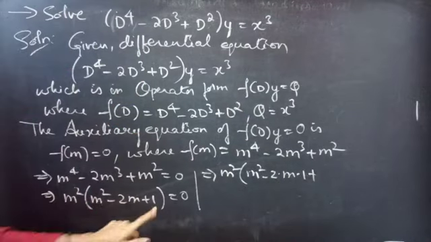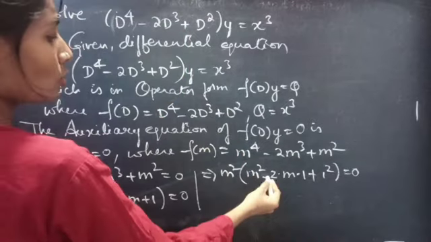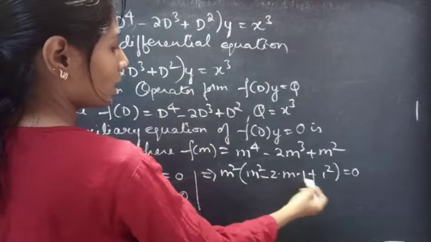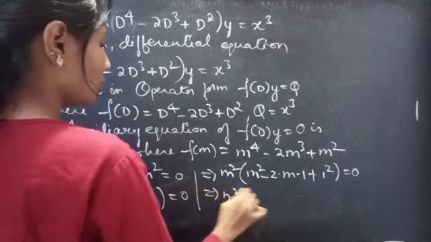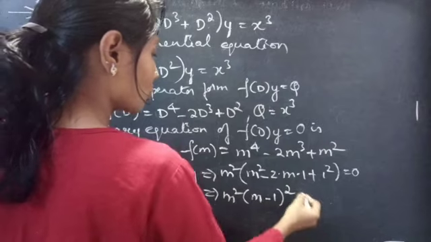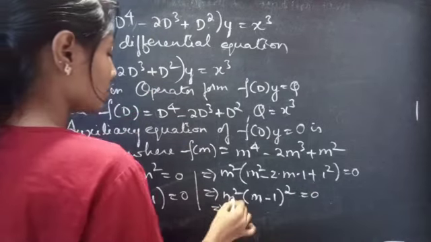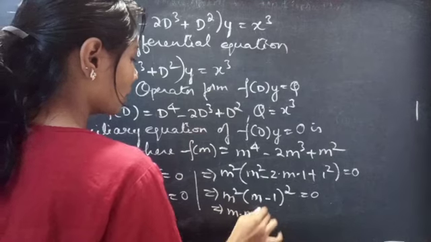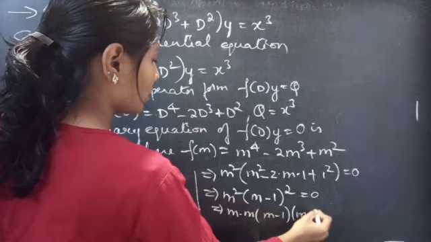And plus this 1 can be written as 1^2, which is of a^2 - 2ab + b^2 form. We can write it as (a - b) whole square, right? Now, we can write this m^2 as m into m and (m - 1)^2 as (m - 1) into (m - 1).